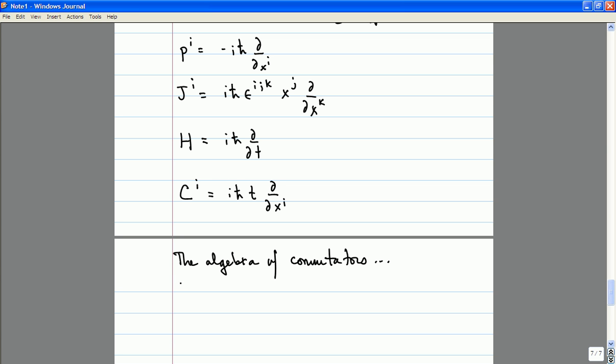For example, time translations and spatial translations commute with one another. Time translations and spatial rotations commute with one another. And one can actually check, it's very easy to see, just given this algebra here, that the commutator of p with c is equal to 0, just because d/dx commutes with d/dx.